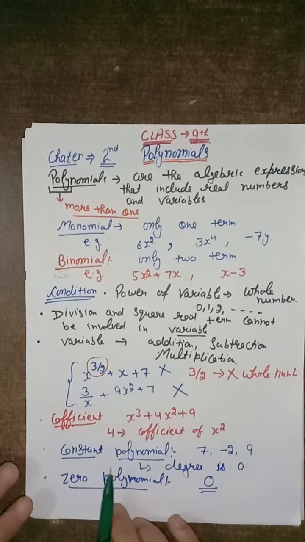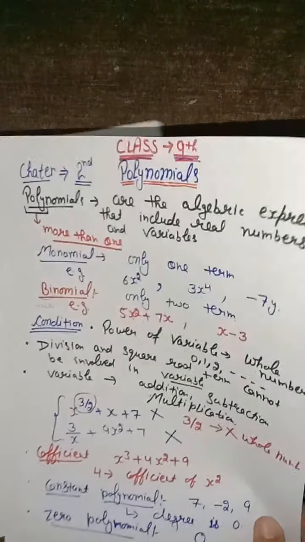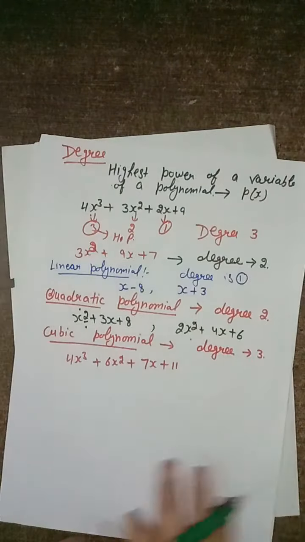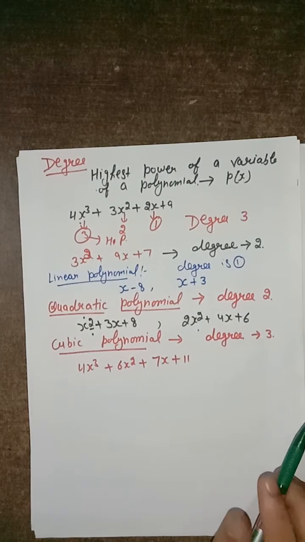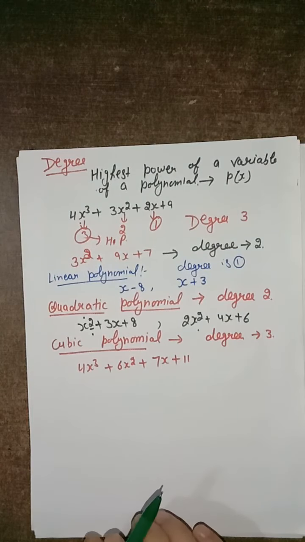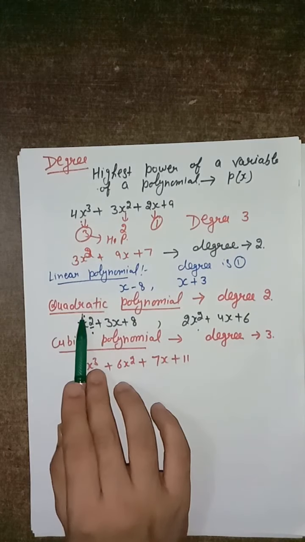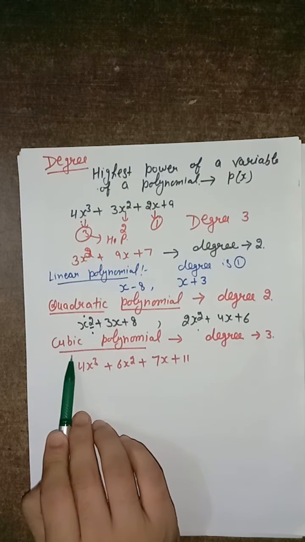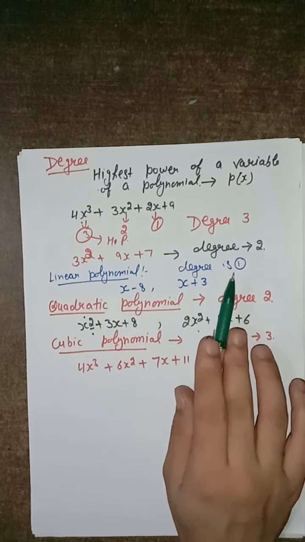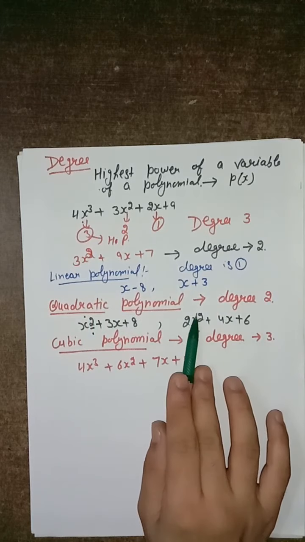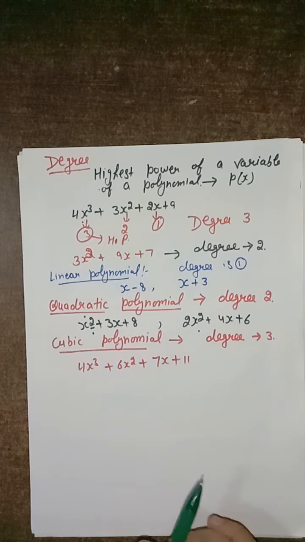And then we discussed constant polynomial and zero polynomial. After that we discussed degree, and degree means the highest power of a variable is known as degree of the polynomial. Then we discussed 3 kinds of polynomial: linear, quadratic and cubic. Linear polynomial is that whose degree is 1, quadratic polynomial is that whose degree is 2, and for cubic polynomial the degree will be 3.